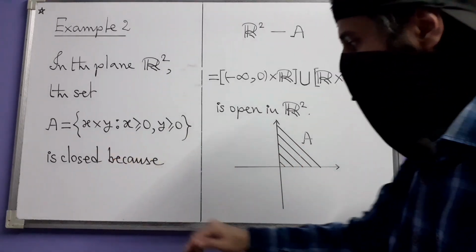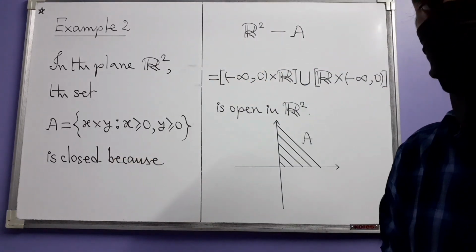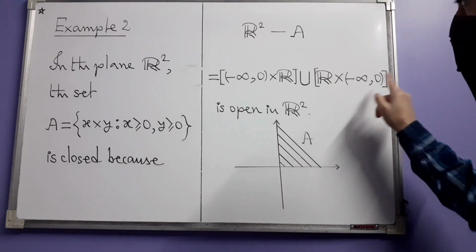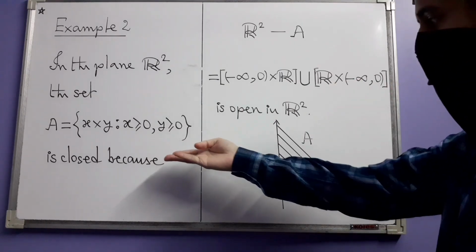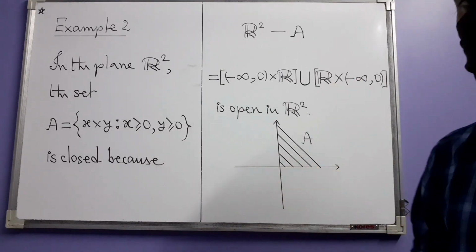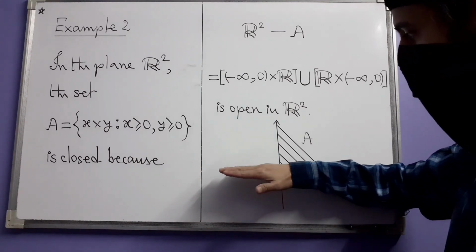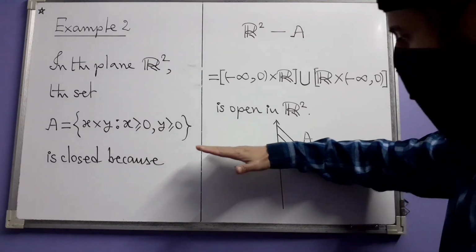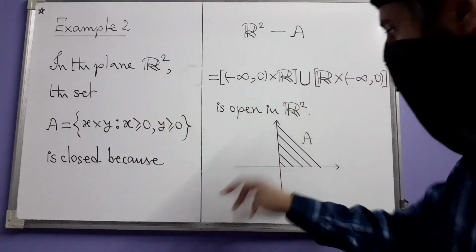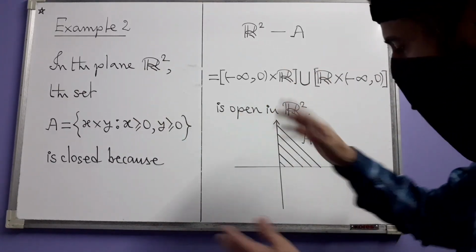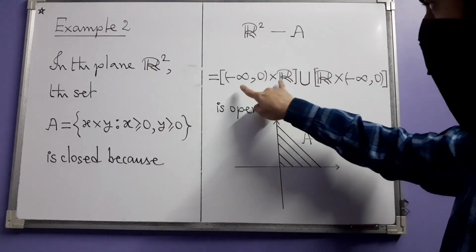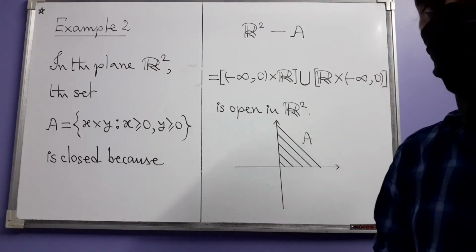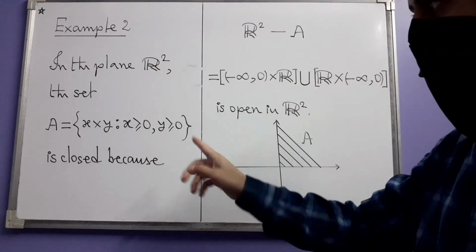That region is open, and R times minus infinity comma 0, that's the open region below the x-axis. The union of this and this is the complement of A in R2. Because both of these things are open in R2, their union is also open. So that's how A is closed.